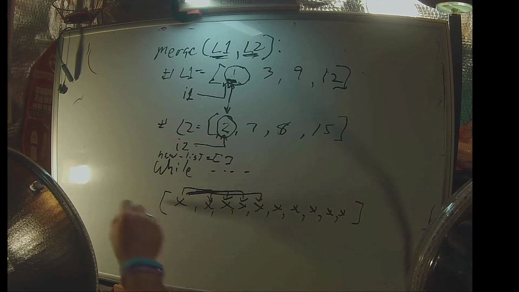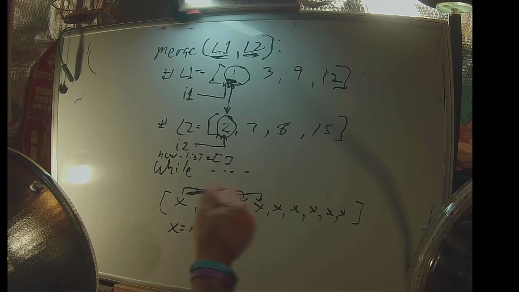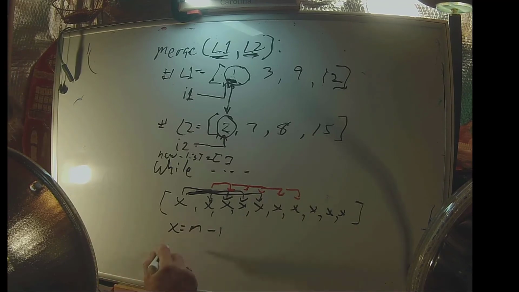So if the list is length n, the first guy does n minus 1 operations, right? And then the second one can do n minus 2 operations, right? Because it can skip this first one, but it has to do all of these. So the second one can do n minus 2 operations.